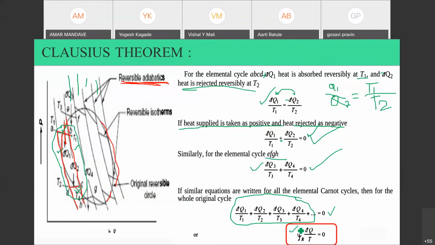So we take the cyclic integration of a reversible cycle, dq upon t is equal to 0. This particular integration is the cyclic one, because it is the integration for the thermodynamic cycle.